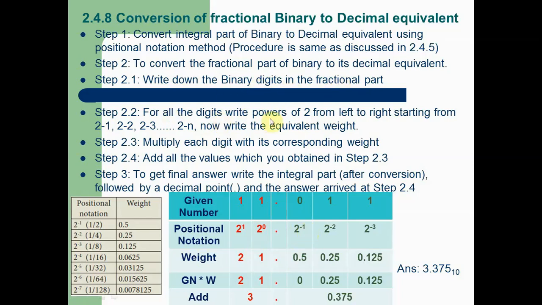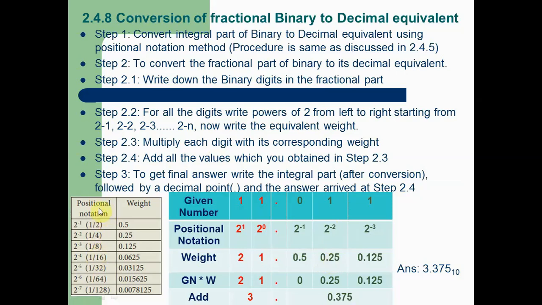For all the digits written, write powers of 2 from left to right, starting from 2 power minus 1, 2 power minus 2, 2 power minus 3, and find the fractional values' weight. So 2 power minus 1 is 0.5, 2 power minus 2 is 0.25.